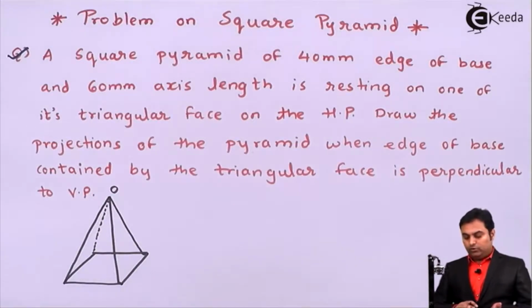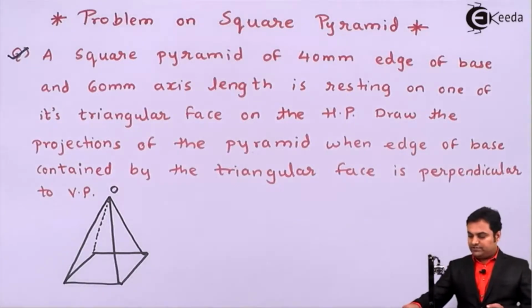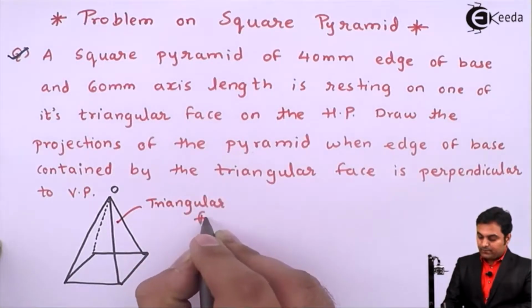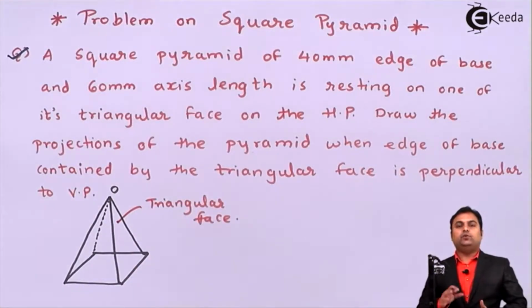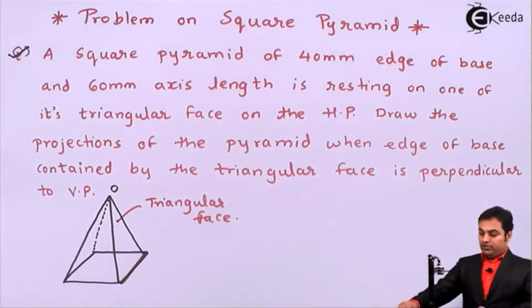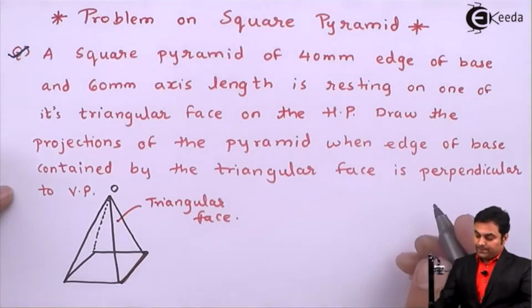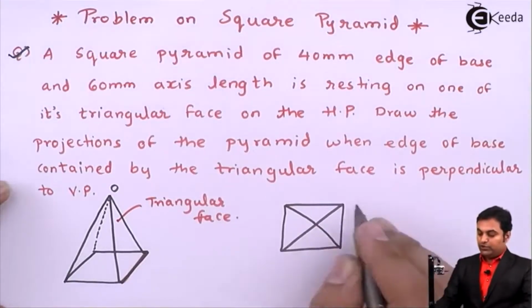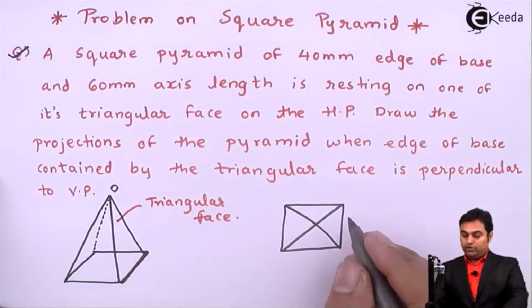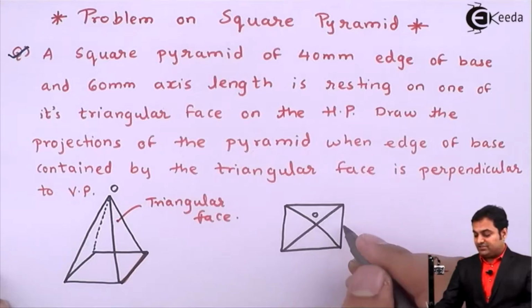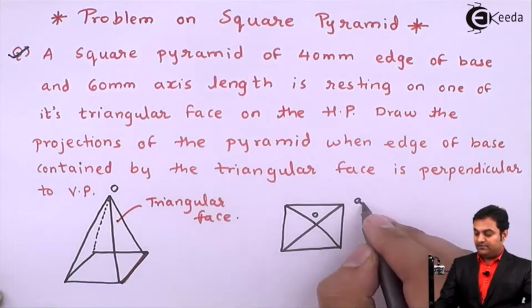So a pyramid will only rest on its triangular face, which is here. It will rest on its triangular face only when it is tilted about its edge, which is this edge. If I can take the example here, when I see the initial condition, then the square pyramid needs to be drawn in this way, because only by drawing the square pyramid like this, where it is resting on its edge, say, for example, this is edge AB.